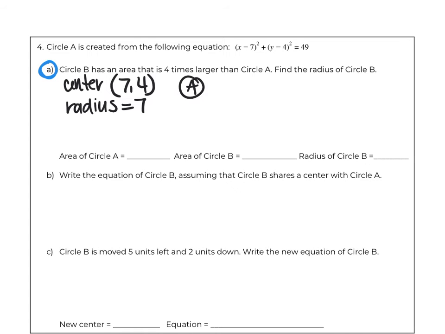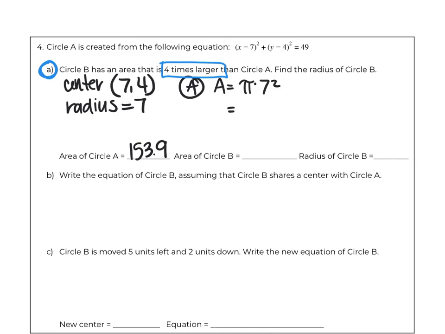So for circle A, I would say A equals pi times 7 squared, which we already know is 49. So if you want to do pi times 49, that's fine. You do need to round this. So that comes out to just about 153.9. Okay, the difference with this one is it's 4 times larger.